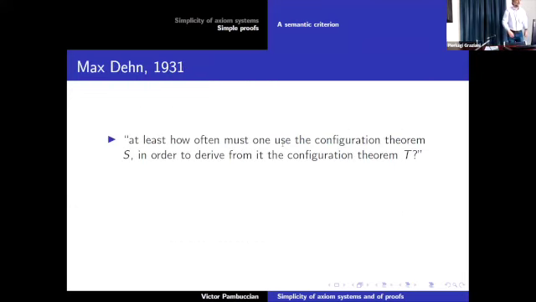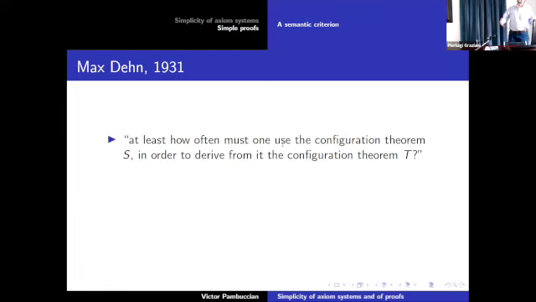So Max Dehn, in his 24th problem, writes in 31: at least how often must one use the configuration theorem S in order to derive from it the configuration theorem T?